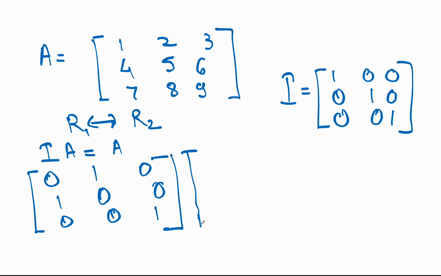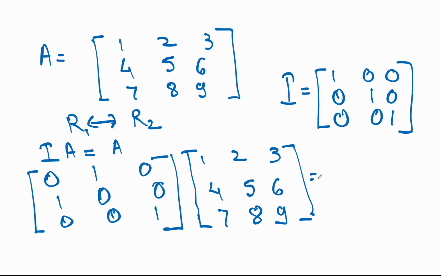If we now multiply this matrix with A, the first row of the matrix will multiply with the rows of A, and only the second row will sustain, so we'll get 4 5 6 here.